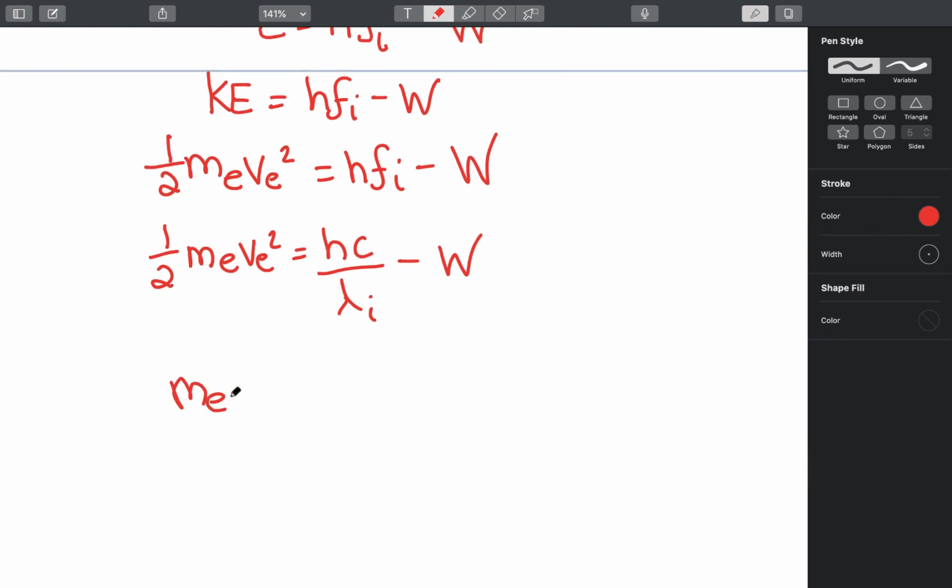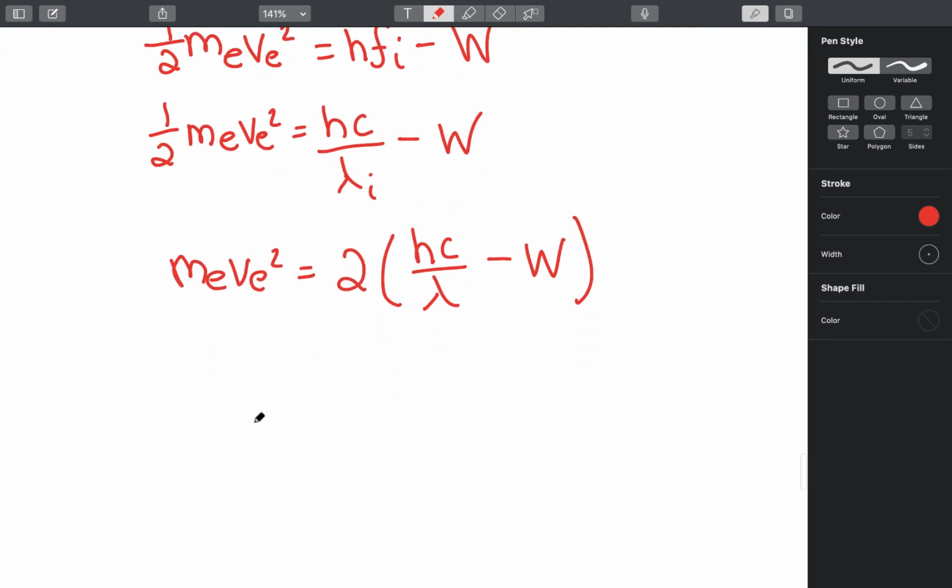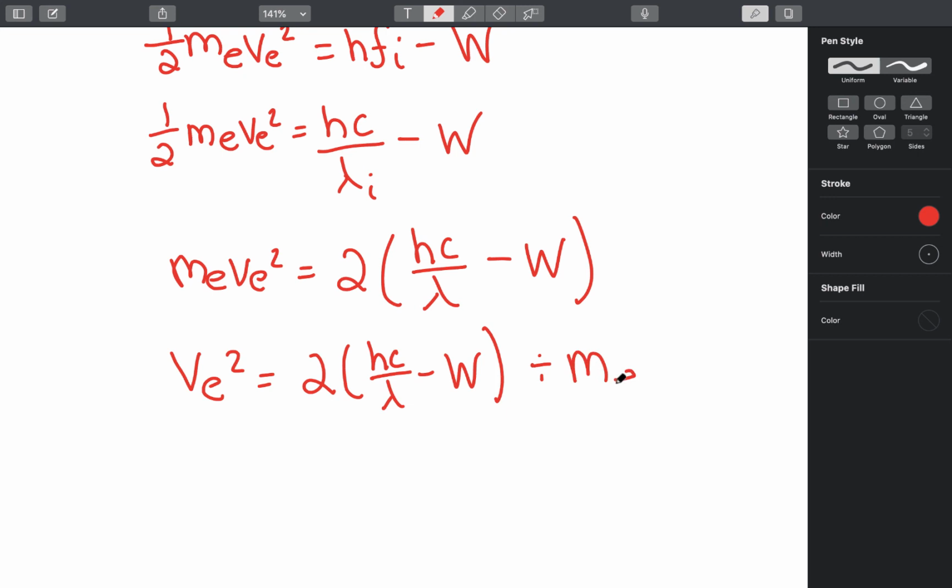So m_e v_e squared is equal to 2 times the whole thing, so hc over lambda minus W. And then you divide by m_e on both sides, the mass of the electron. So v_e squared is equal to 2 times hc over lambda minus W, divided by the mass of the electron.